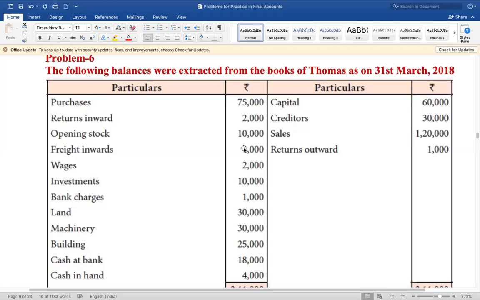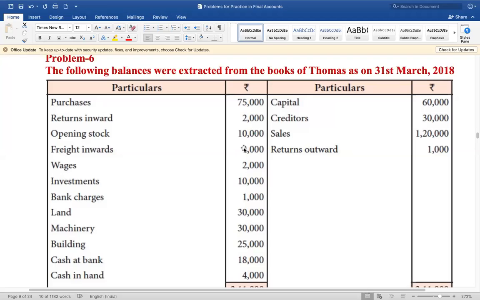So purchases, it is an expense, right? Put E. Returns inward. What is returns inward? When you sell goods, they go out. And those customers who bought goods from you, if they find those goods defective, or if there are unused goods, they may return them to you.